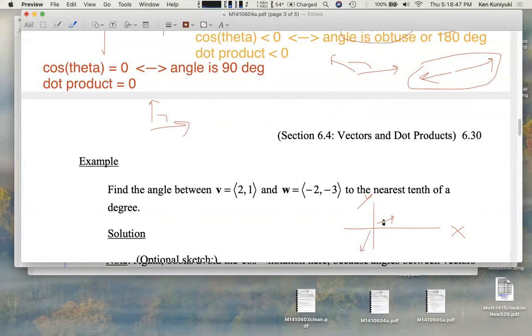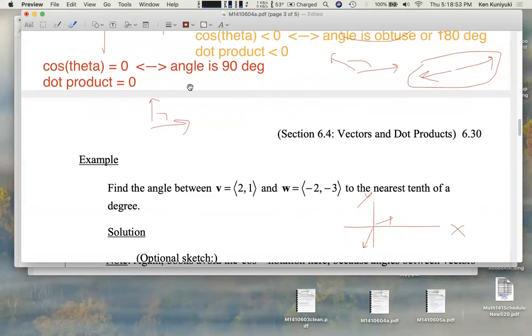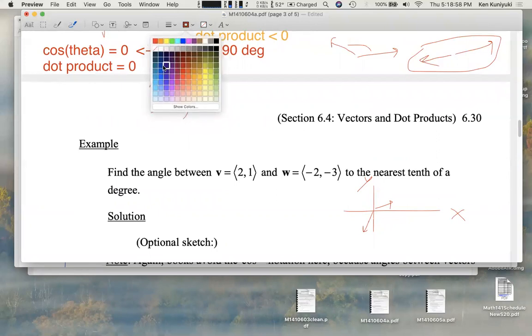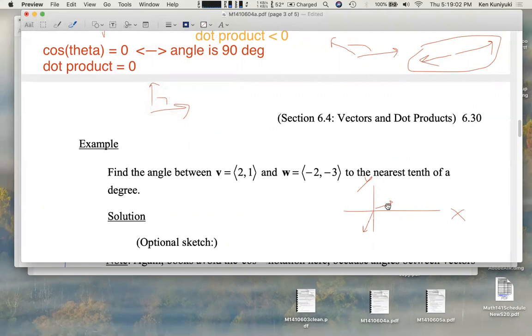Okay, we have a quadrant 1 vector and a quadrant 3 vector, if you think of them as position vectors. So you can see the angle between them. If we drew these kind of right, we're guessing we're going to get an obtuse angle between these. Now, I didn't draw them very accurately, but just from a quick sketch, I think we're going to get an obtuse angle.